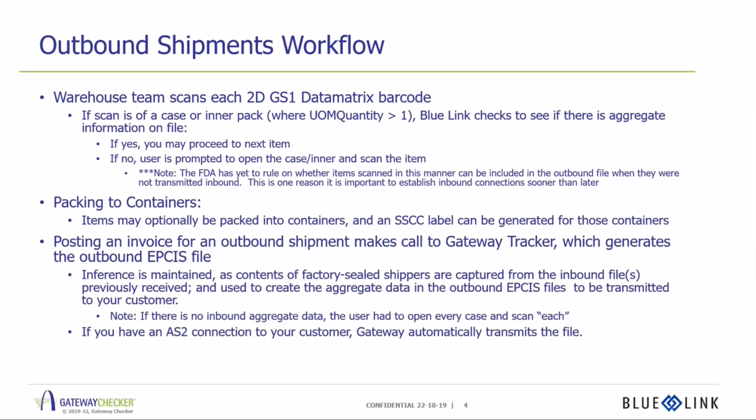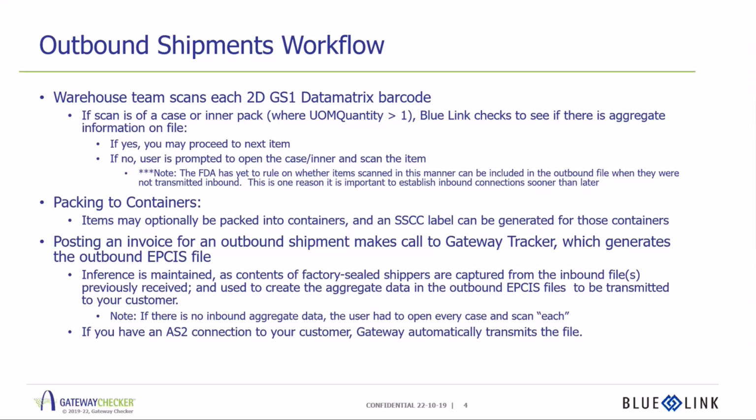If, however, the item that you're scanning doesn't have aggregation information, it's something that was in the warehouse from before receiving inbound EPCIS events, then the software is going to say, sorry, I don't have aggregate information for that sealed case, and it's going to prompt the end user that they have to open the case and then scan the inner contents.